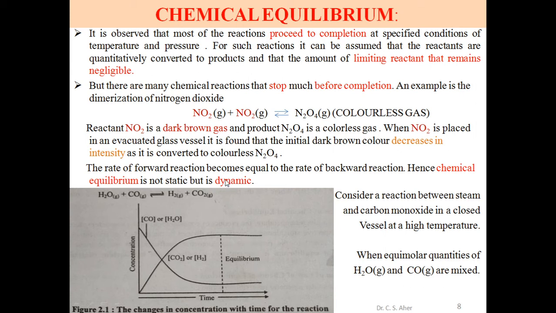Just now I said it is a dynamic reaction. What is dynamic? When the product concentration increases, at the same time the product is converted into reactant, and thus there is a balance between the reactant side and product side. The forward reaction and backward reaction are the same.